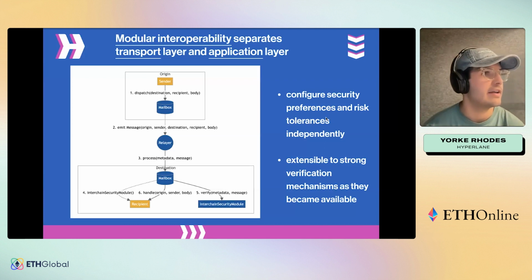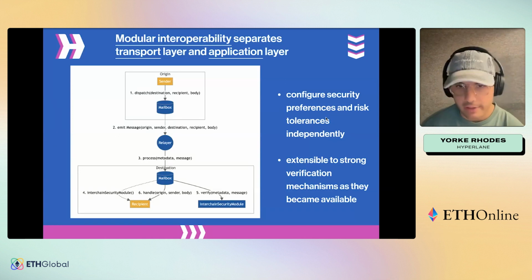If I'm a DAO doing cross-chain governance, I might want really high security on that. Or I might want members of my DAO to even vote on the cross-chain messages.